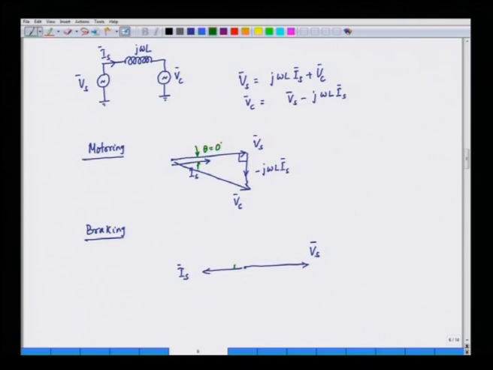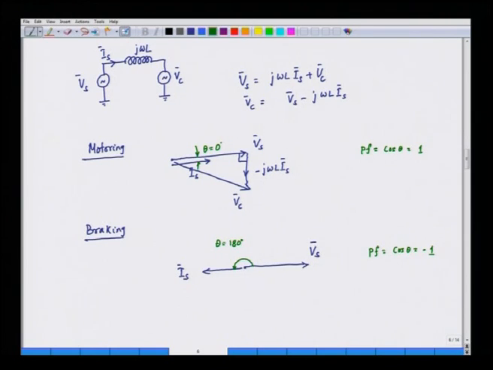Now, here theta is 180. Now, in the first case, in the motoring case, we have power factor is equal to cos of theta, that is equal to 1, and for the braking case we have power factor is equal to cos of theta, that is equal to minus 1, which means power is fed back to the supply.